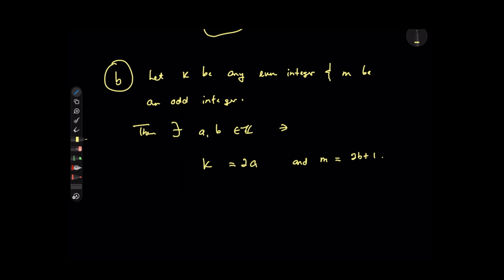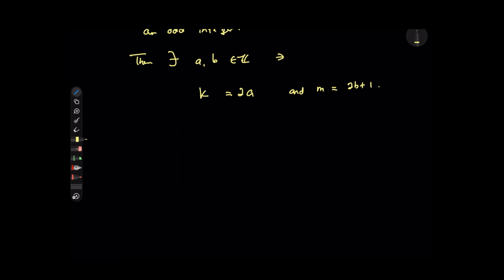Now I'm going to substitute this k and this m into our expression, break it down as much as possible, and then show that that is divisible by 4. So I'm supposed to get some integer multiplied by 4.